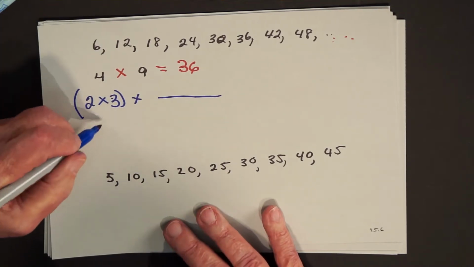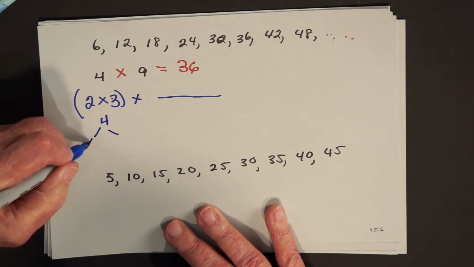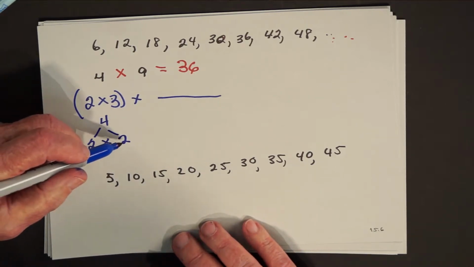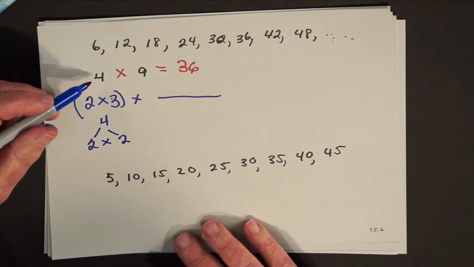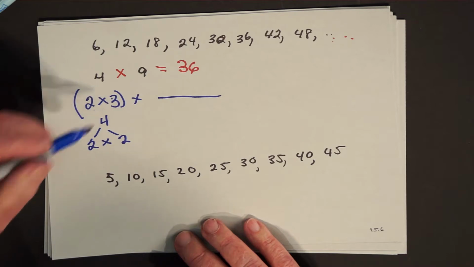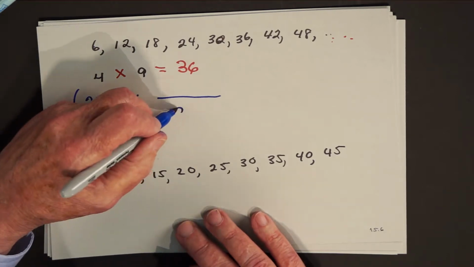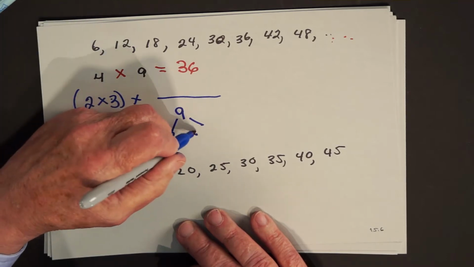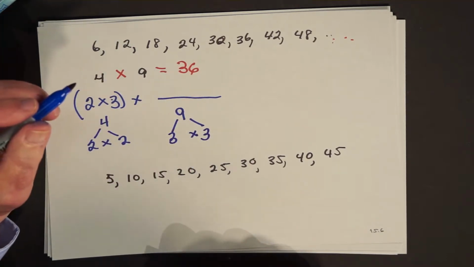Now, why didn't 4 belong? Well, 4 breaks down into 2 times 2. 4 has the right number of 2s. All he needs is one 2, and he's got 2 of them. He doesn't have the 3. What happened to 9? 9 had the 3, but it didn't have the 2.